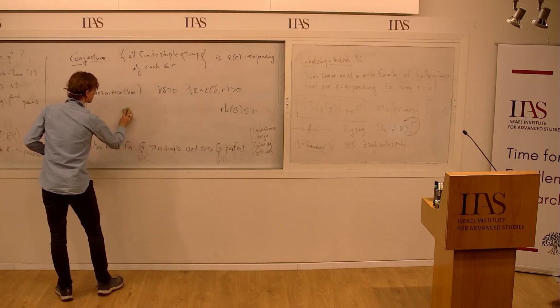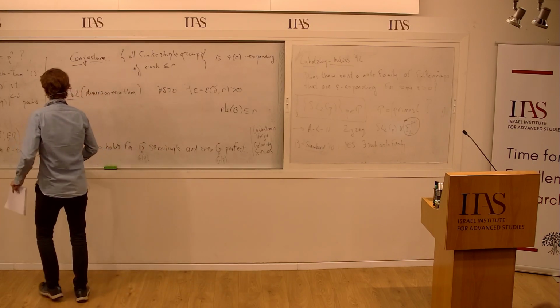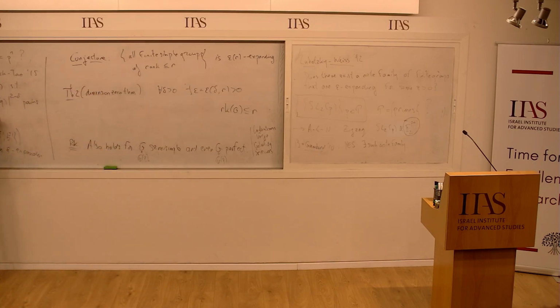What is G(Q)? G(Q) is the finite group with Q elements. That's right. So G(Q) is your finite simple group, G(F_Q).